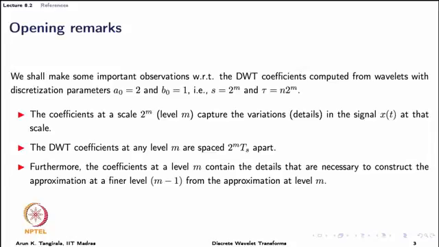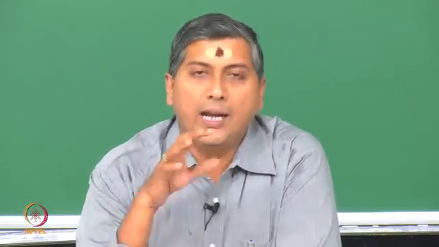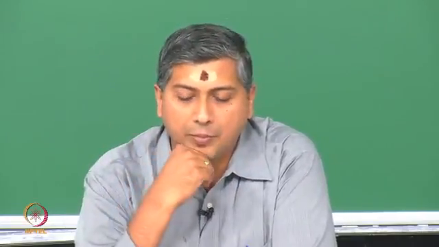Okay. And of course, here scale refers to resolution. So, that is a more appropriate term in DWT. Of course, scale will always denote a frequency band, but in DWT it is always a good idea to keep this scale versus resolution relationship in mind as well.